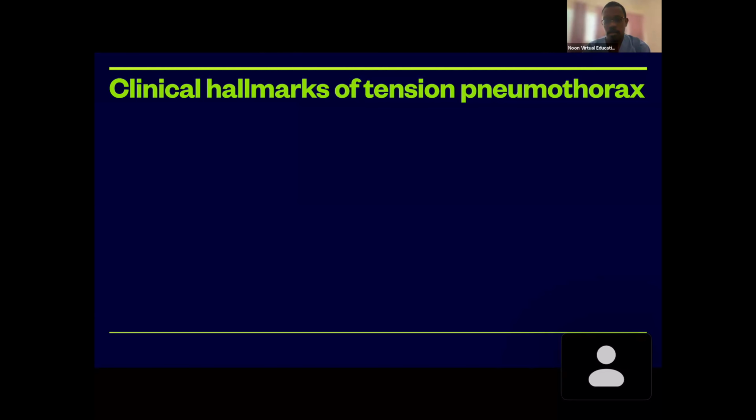There are a lot of clinical signs for tension pneumothorax, but you need to know the specific ones. Can anyone participate? Let me see the chat, if anyone wrote in the box.